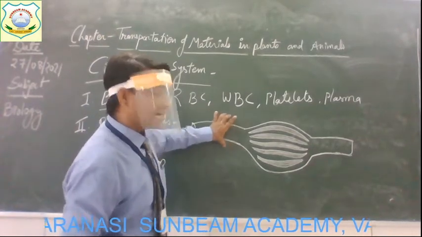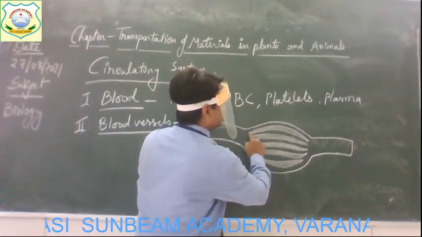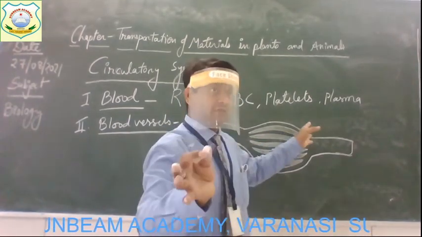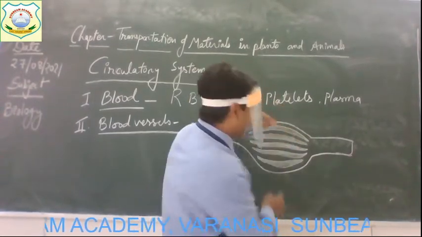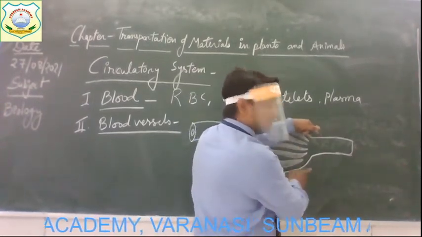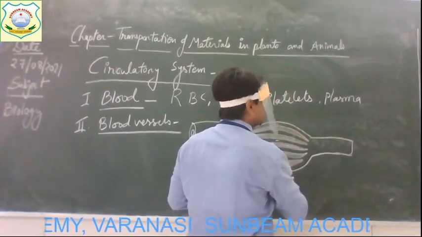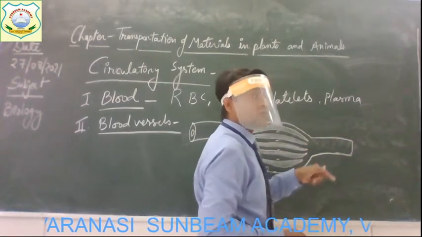The one artery is going to divide into many branches: 1, 2, 3, 4, 5, 6, like that. And they are very fine, thin. And again, all these capillaries get joined together and form the vein.